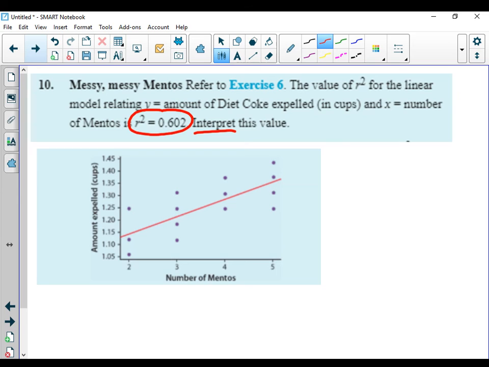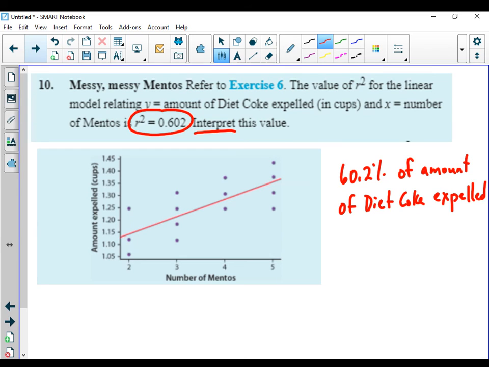So if the R squared value is 0.602, what we're saying is 60.2% of the amount of Diet Coke expelled, in this case, was due to the number of Mentos.